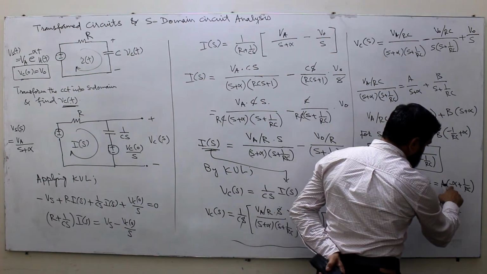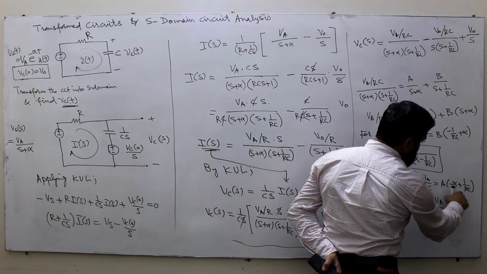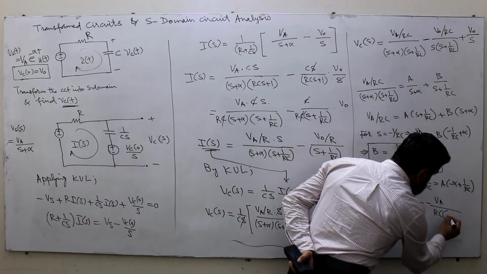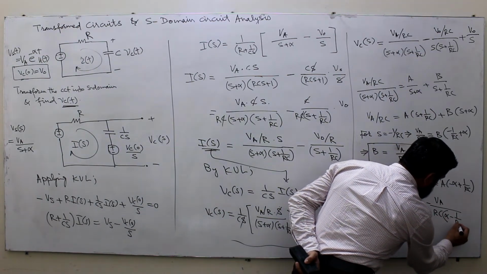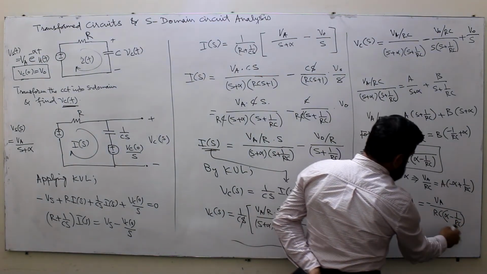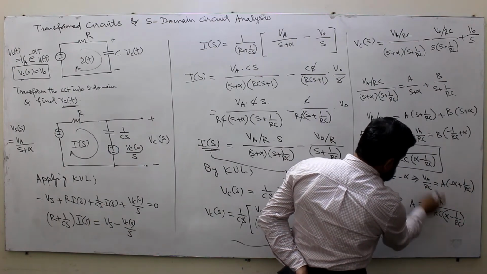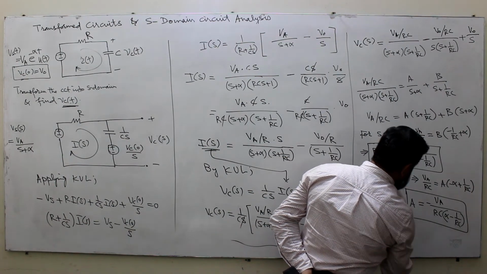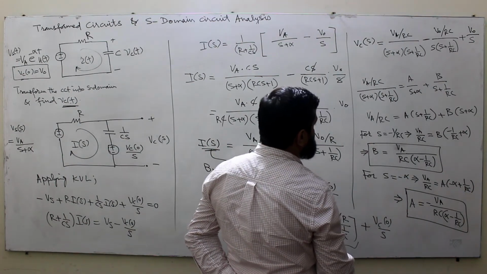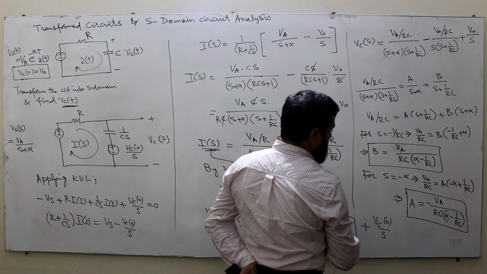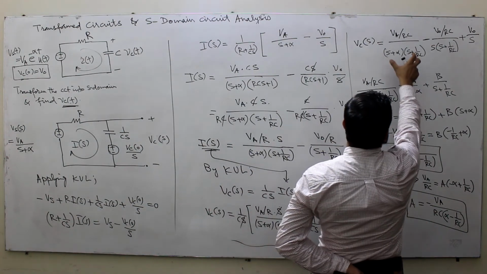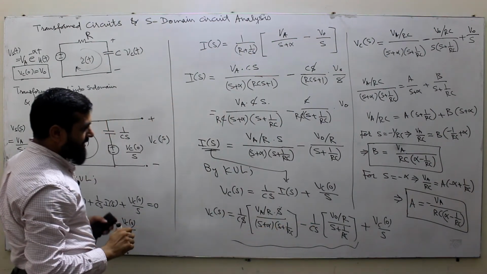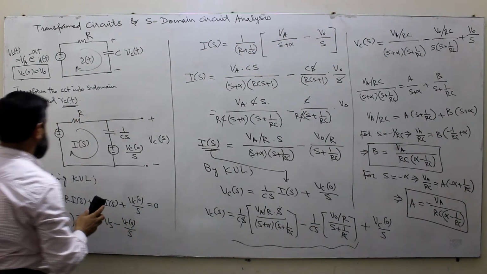However, we have to write it minus alpha plus 1 over RC. Rather than writing this, we can also take the minus common, so this will become alpha minus 1 over RC. Why did I do it? Just to make it look similar to what we have in the value of B. So we have got these values for A and B in this one, and similarly we have to do the partial fraction for the next one.